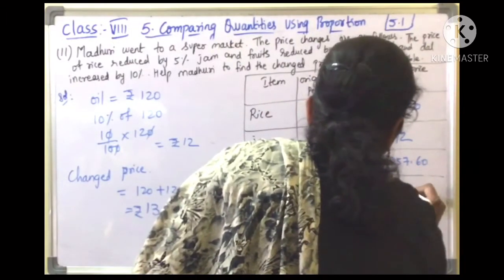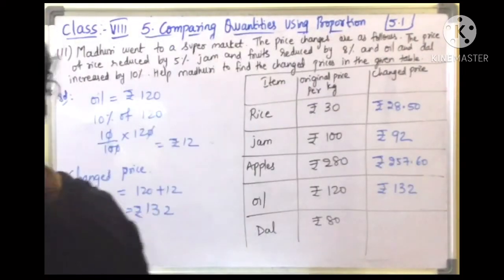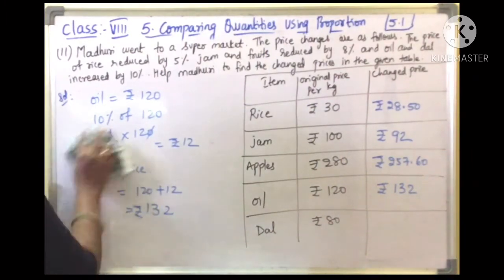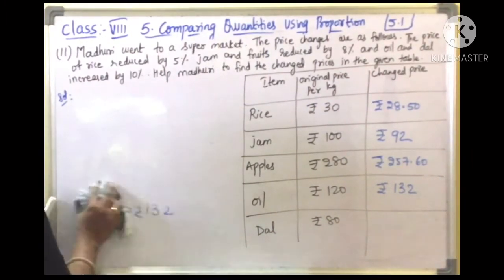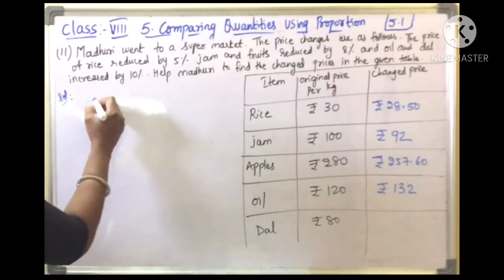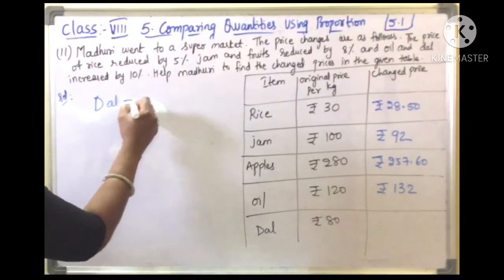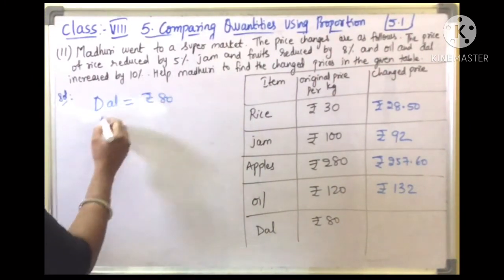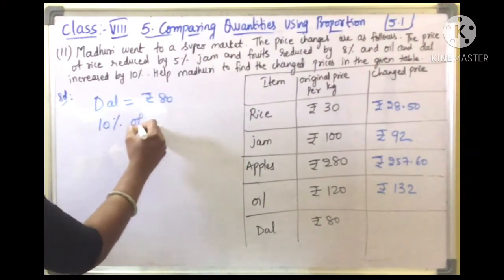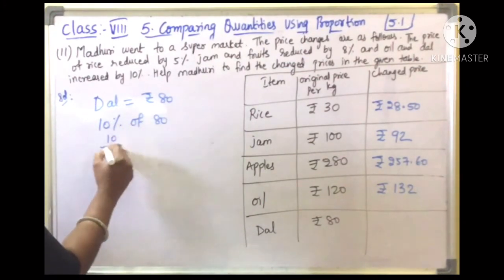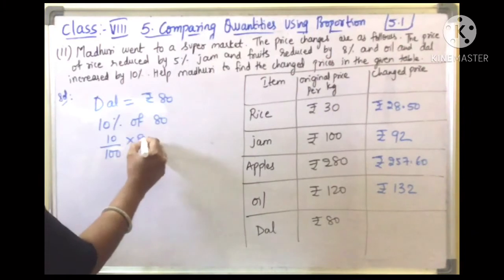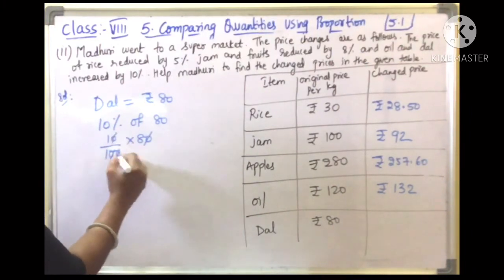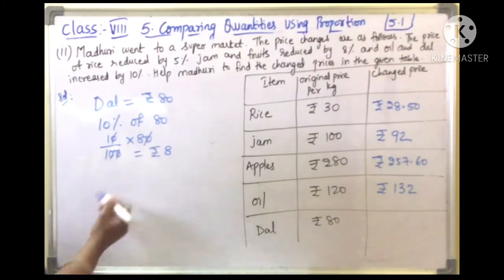Rupees 132. Next, finally, we need to find the dal. What is the cost of dal here? Rupees 80, with a 10% increase. So 10% of 80, that is 10 by 100 into 80. The 0s get cancelled, so rupees 8 is increased.